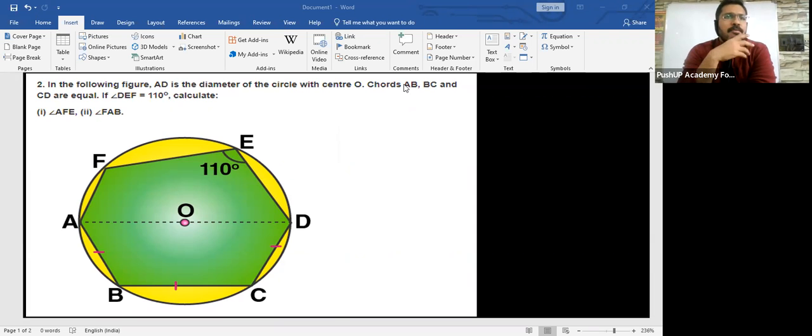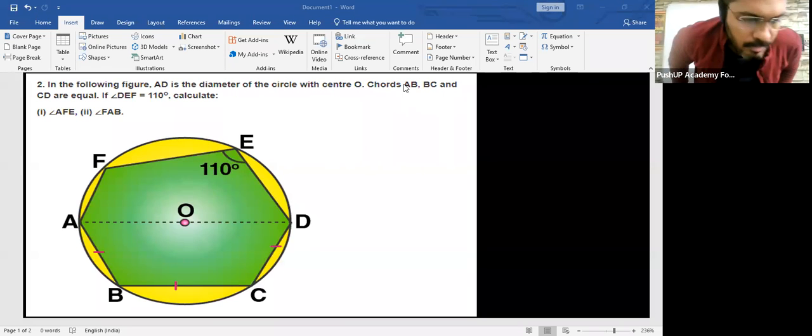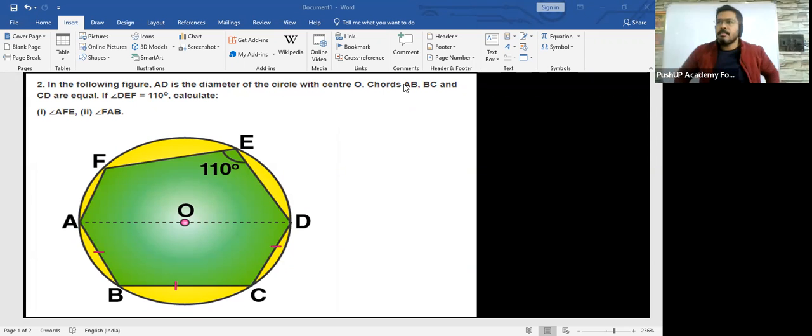So I want to see how many of you will solve it. What is AB, BC, and CD are equal to lines?